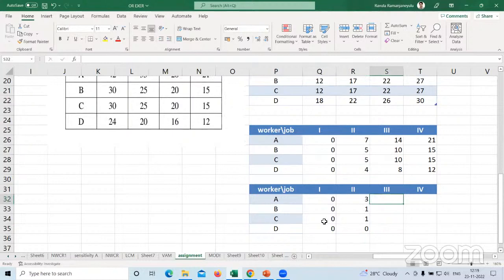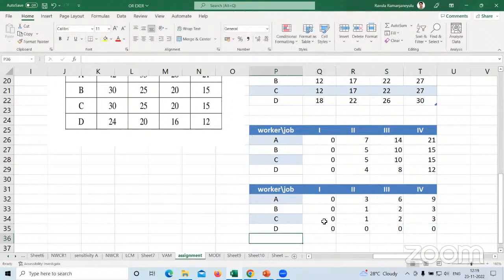So 14 minus 8 is 6, then 10 minus 8 is 2, 2. Here the least value column wise is 12. So 21 minus 12 is 9, 9, 3, 3.